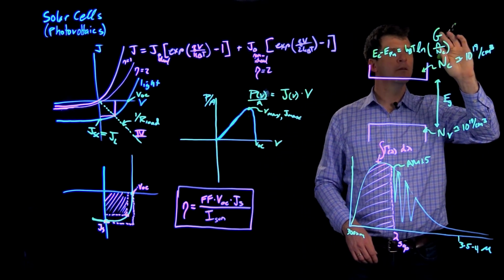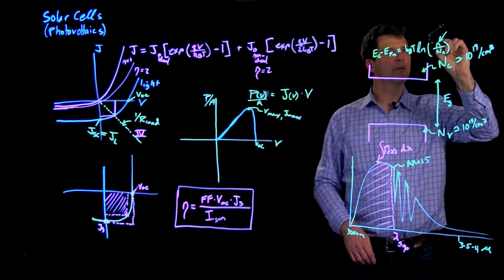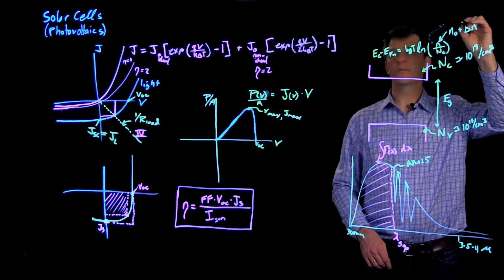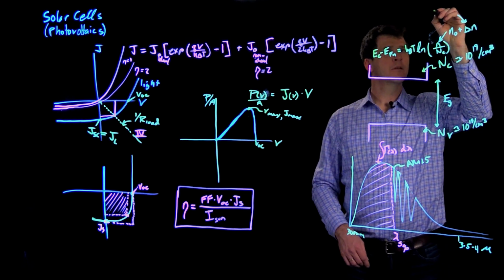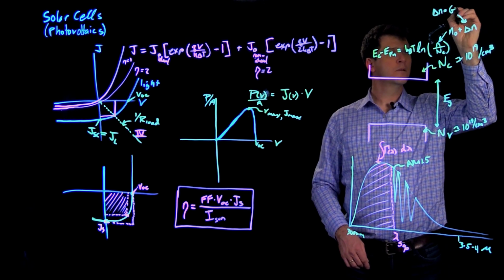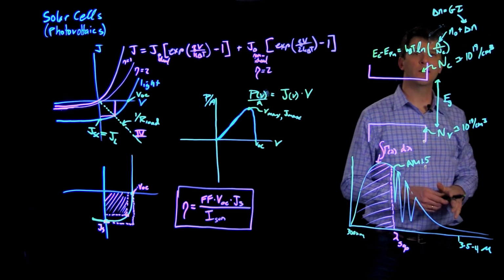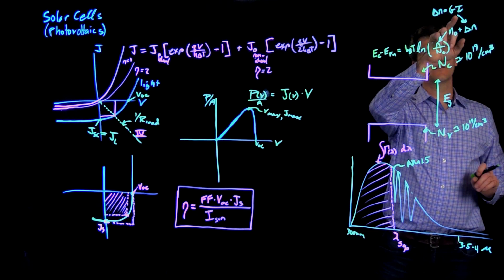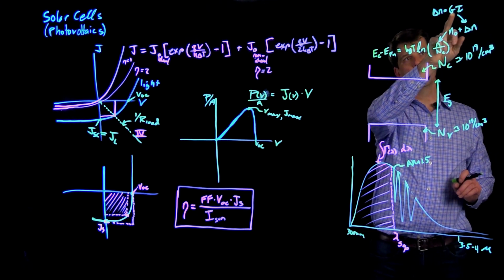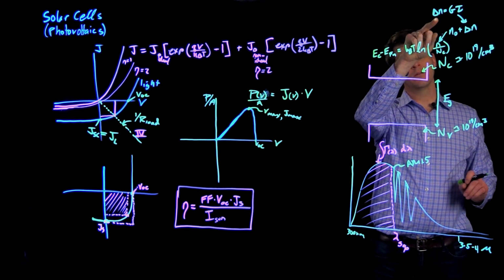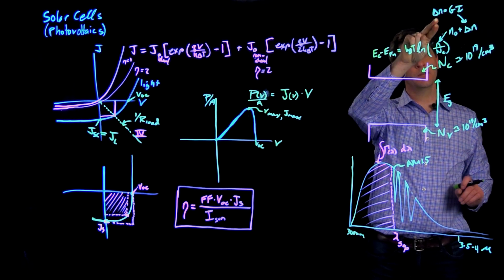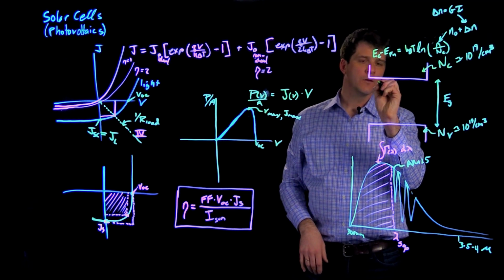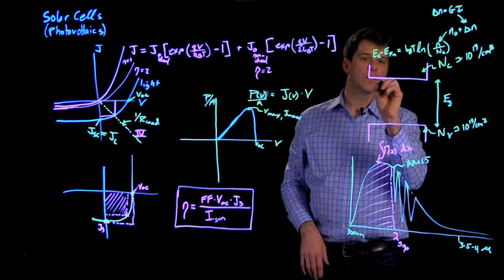And this n here is n naught plus delta n, and this delta n in turn is our g times tau in the lifetime approximation. So what this tells us is the larger our minority carrier lifetime and the larger the illumination, the larger our delta n in steady state will be, and thus the closer the quasi-Fermi level will be to the band edge.